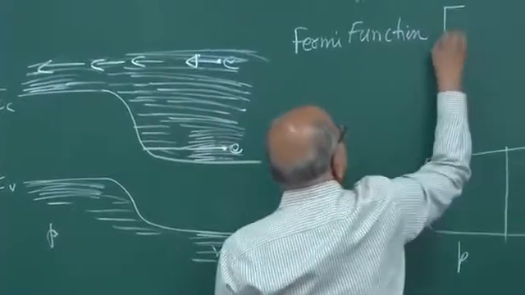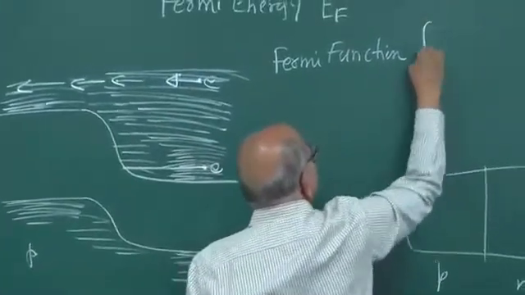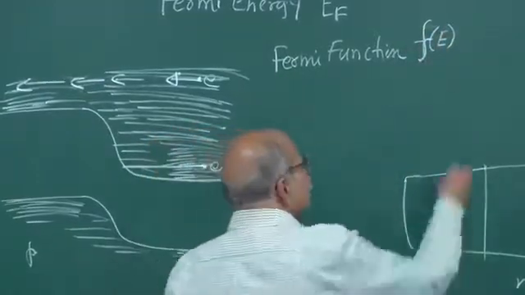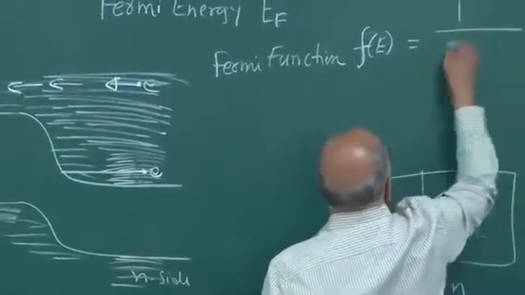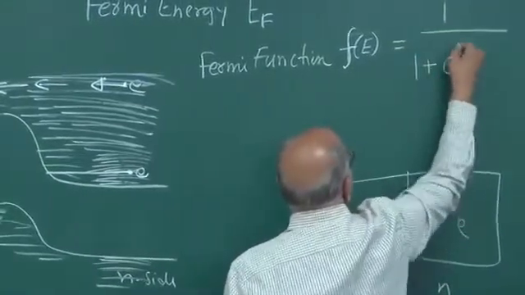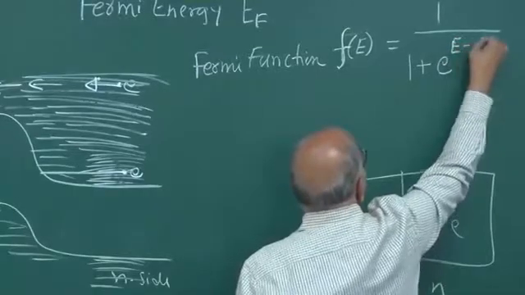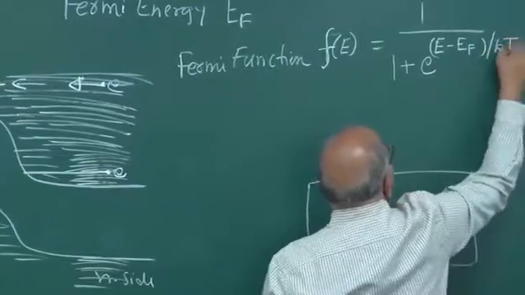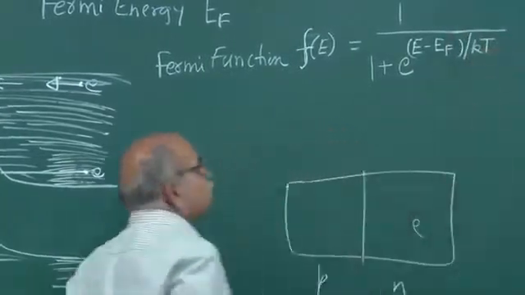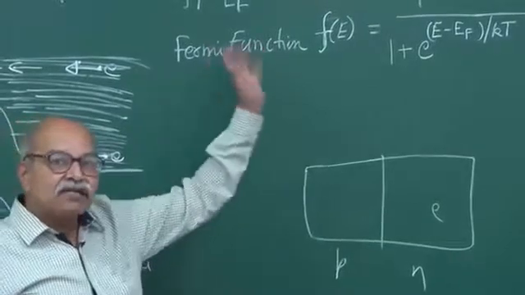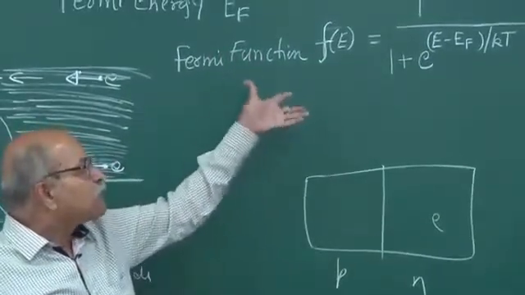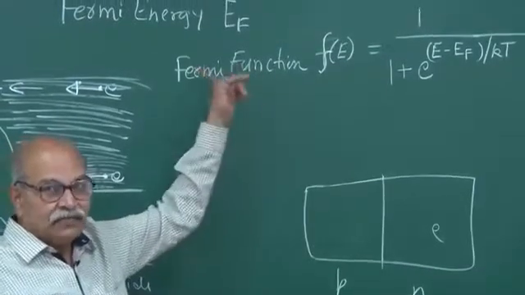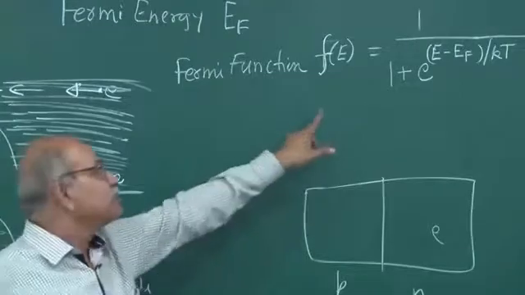This is f, let's call it small f, a function of energy, and it is written as 1 over 1 plus e to the power (E minus EF) divided by kT, Boltzmann constant times temperature. This particular function represents the probability that an electron will occupy a quantum state at this energy.